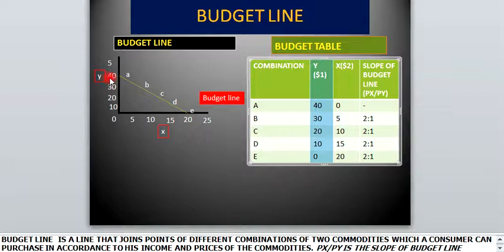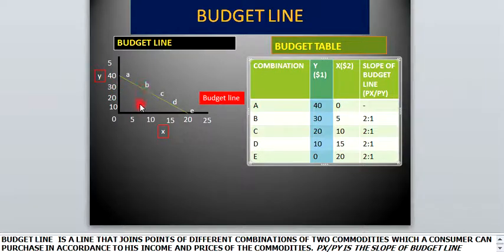You can see now, when 40 of commodity Y is consumed, 0 of X is consumed. That is for A. A represents this point now: 40 of Y and 0 of X. Now, when we have 30 of Y, we have combination 2.